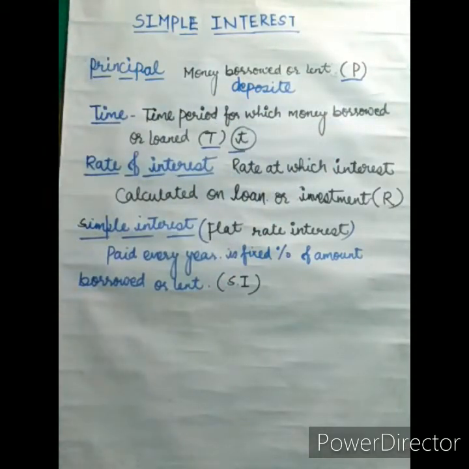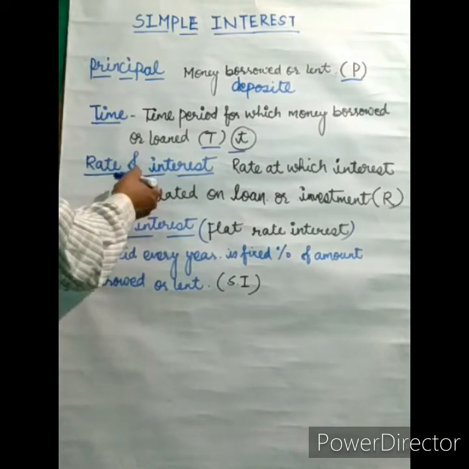Rate of interest: for depositing, we are giving to the bank; for borrowing, we are taking from the bank. So at what rate the bank is giving us a loan, or at what rate we are borrowing from the bank, or at what rate we are depositing in the bank, that is called the rate of interest.